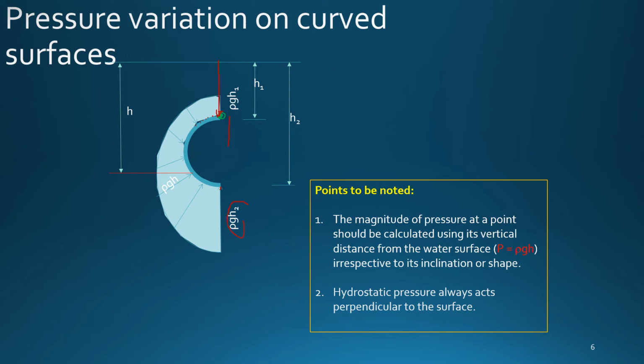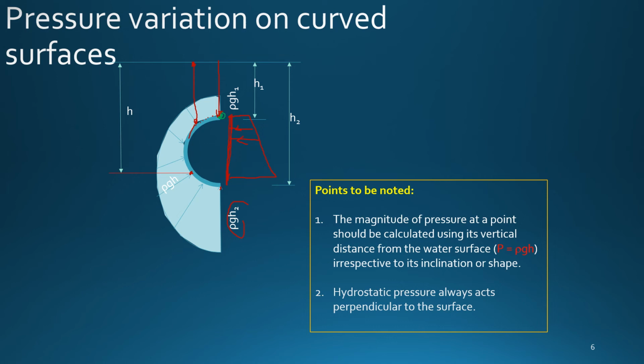If the object was a vertical surface like this, you have rho g h1 here and rho g h2 at the bottom, right? But for a curved surface like this, again the same. At this point, rho g times this height. At this point, rho g times h again. But when you draw the pressure distribution diagram, it is not triangular or trapezoidal as before.